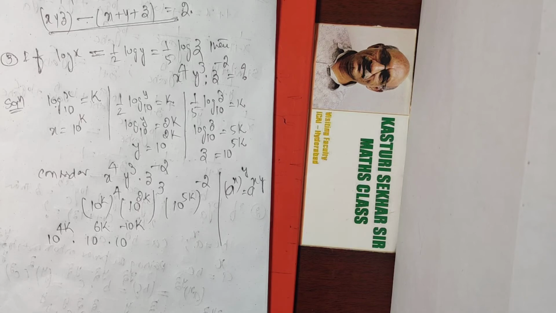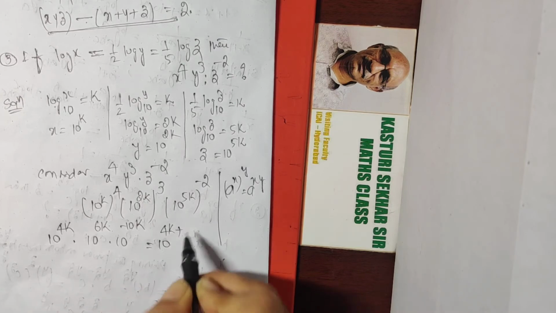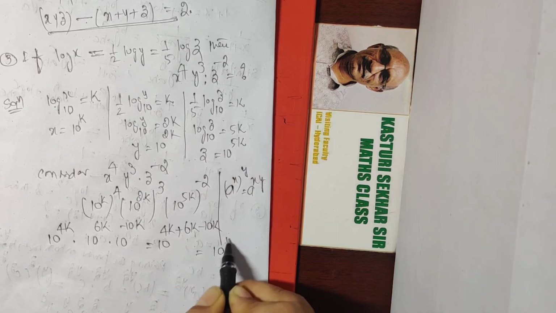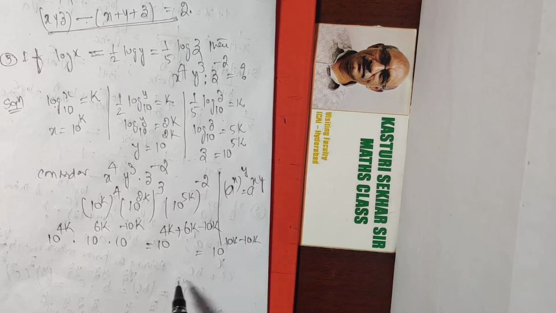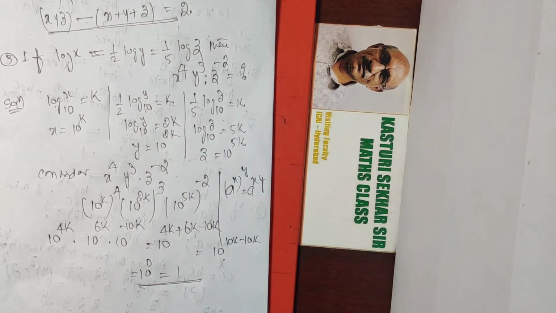There is a multiplication sign, so we can add the powers. 10 to the power of 4k plus 6k minus 10k. 10 to the power of 10k minus 10k. This is 10 power 0, which is 1. So what is the value of the expression? 1 is the answer to the given question. X power 4, y power 3, z power minus 2 value is equal to 1.